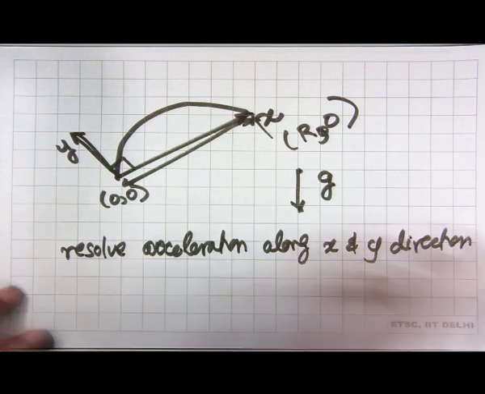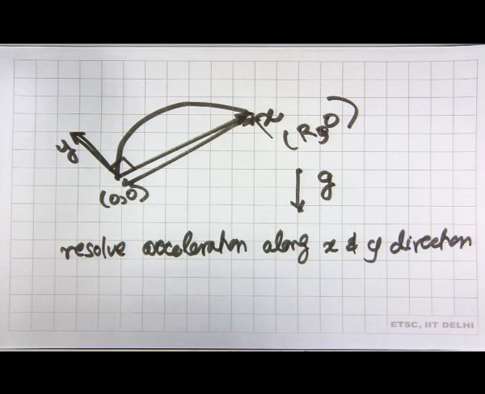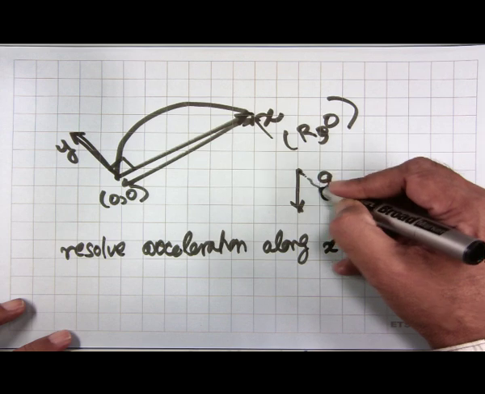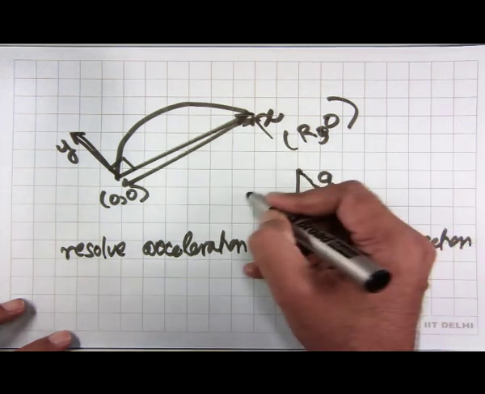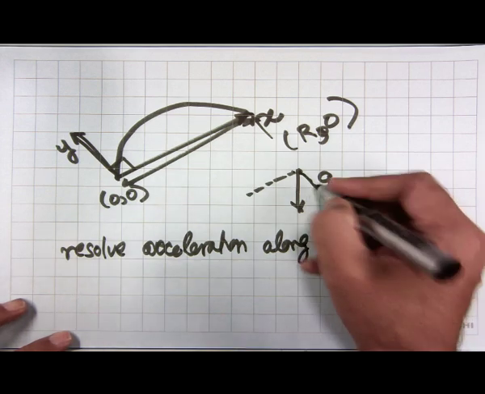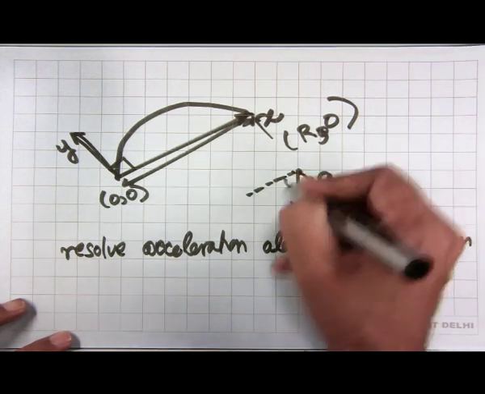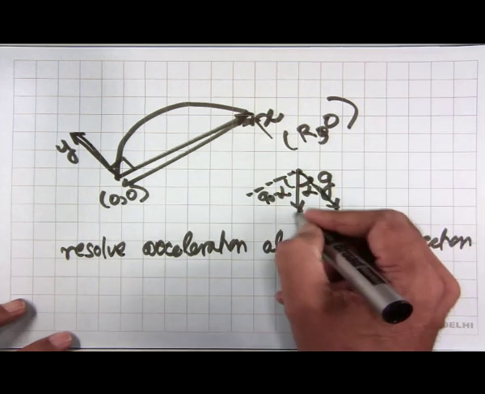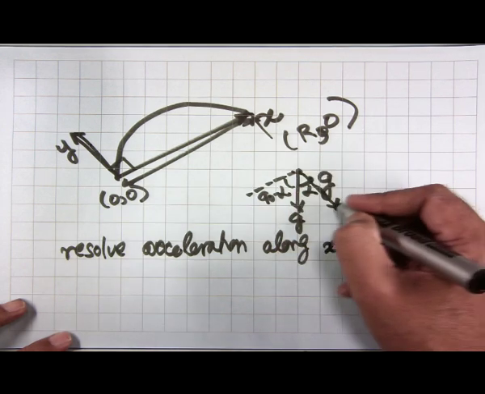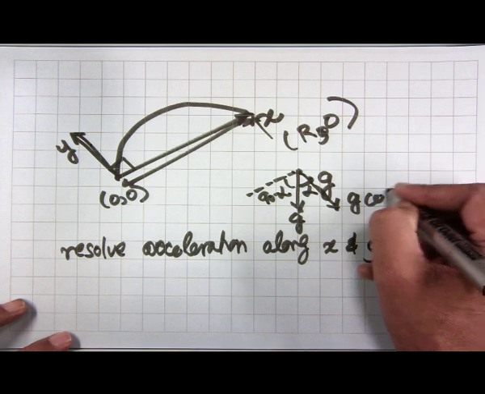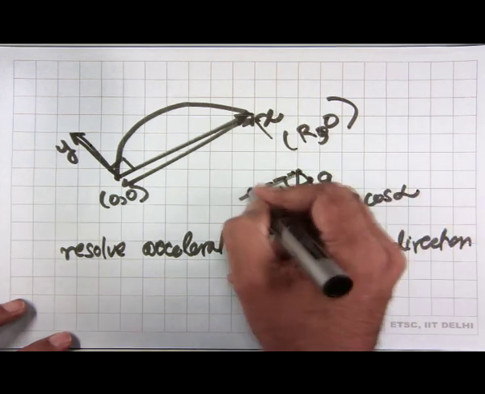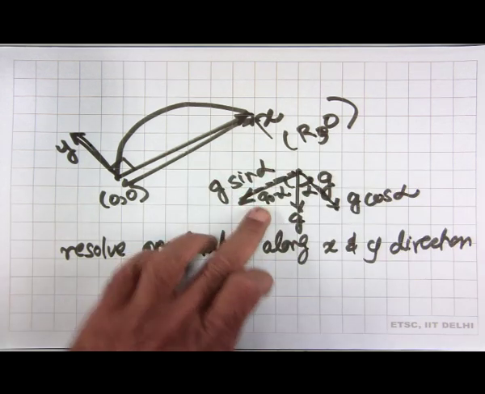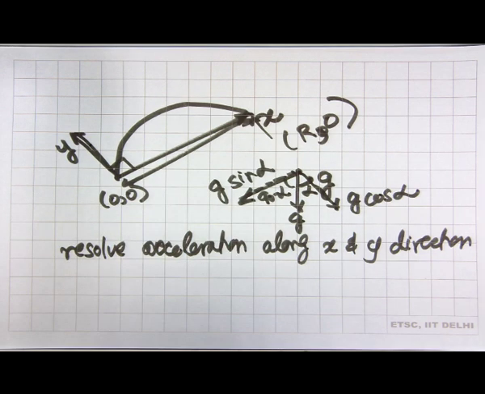This direction is parallel to the plane, this angle is alpha, this angle is 90 minus alpha. So, if this is g, then the component in this direction will be g cos alpha, and the component in the other direction is g cosine 90 minus alpha, which I can write as g sin alpha.